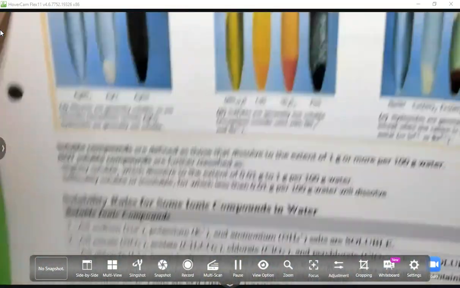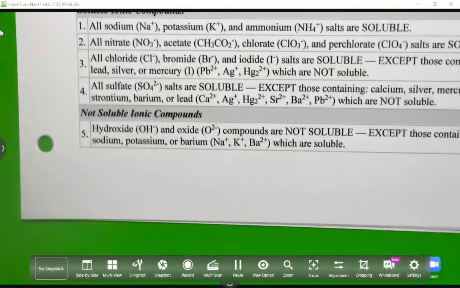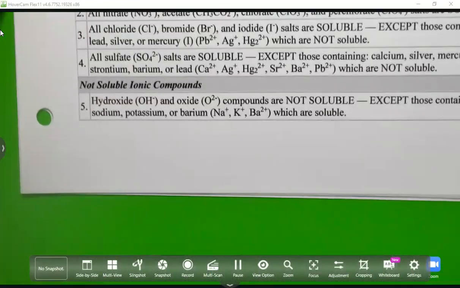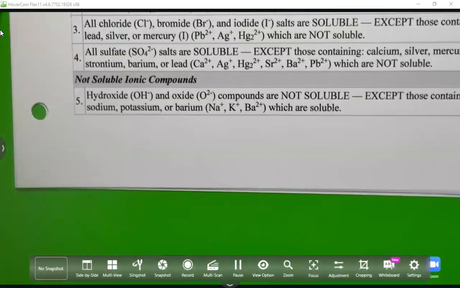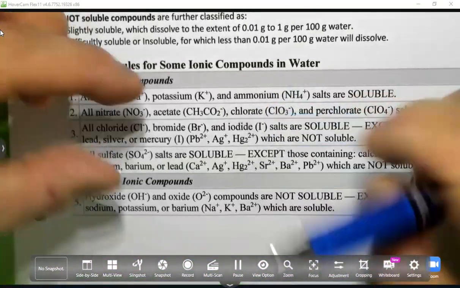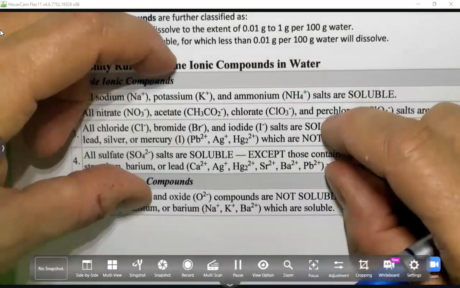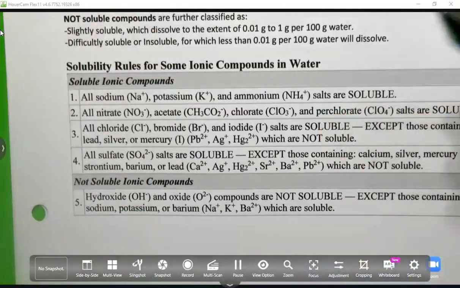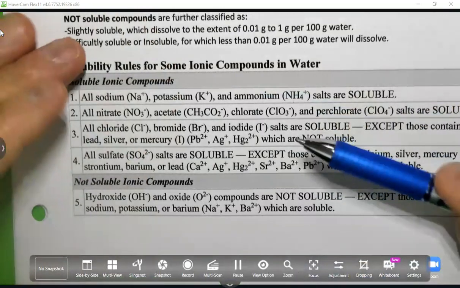Your lab instructor for this lab and the next lab is probably going to have you look at these rules and match them up. This is a lot of what OWL does as well. So OWL starts out, does this dissolve? And so on. And you can match it up with these rules. This continues on the back side.